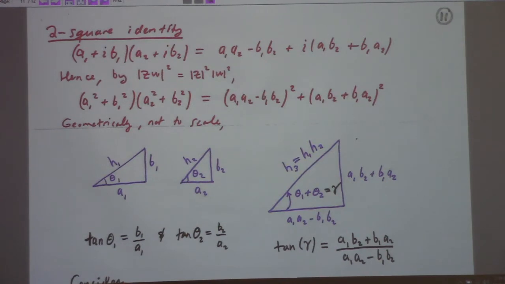You can make a geometric proof that you can take these two and put them together to get that. But the existence of this triangle says what? It says that this squared plus that squared is equal to h3 squared, where h3 squared is h1 squared times h2 squared, which is what? A1 squared plus B1 squared, times A2 squared plus B2 squared. So this is a geometric version of the two-square identity.